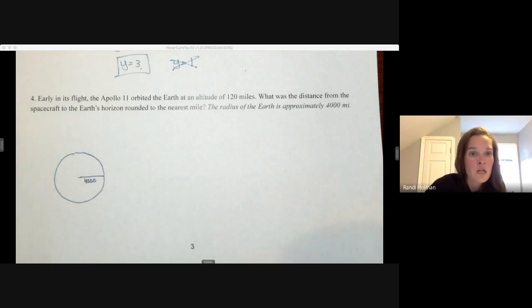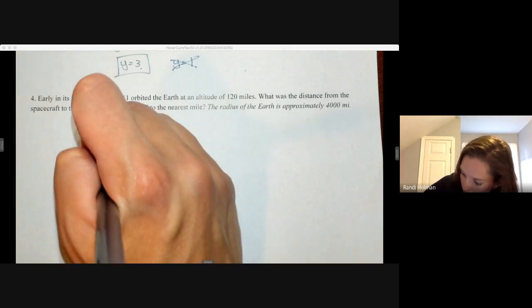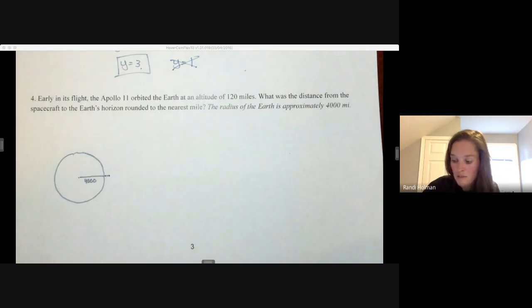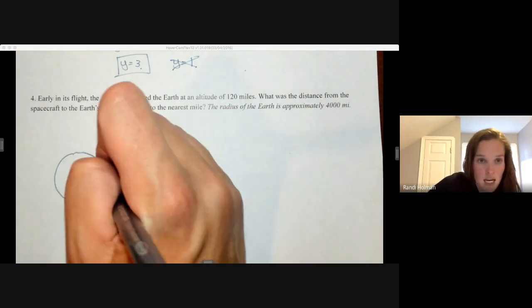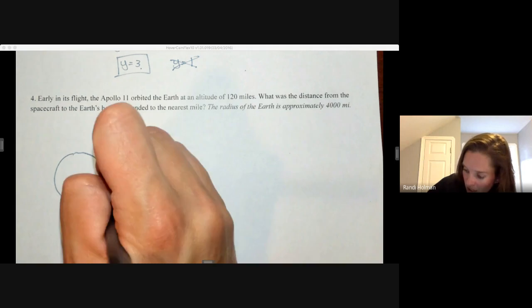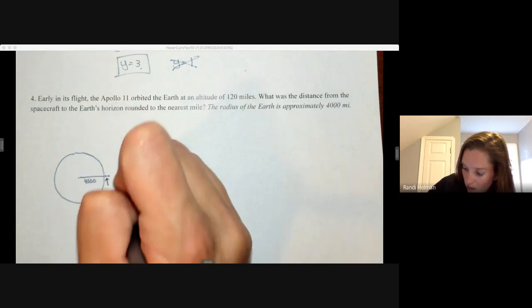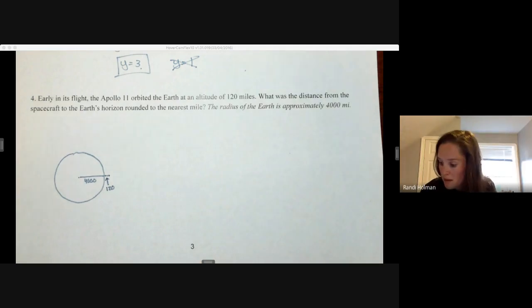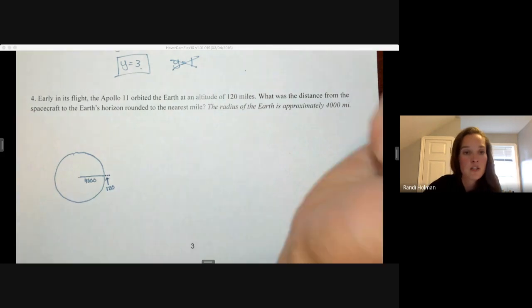And it says early in its flight, the Apollo 11 orbited the Earth at an altitude of 120 miles. So we're not far off in comparison here. We're like up here just ever so slightly. Okay, and that ever so slightly there is the 120 miles, and that's probably even an overestimate there as well, but that's okay. And we want to know the distance from the spacecraft to the horizon.